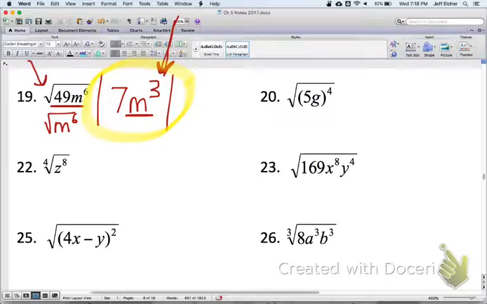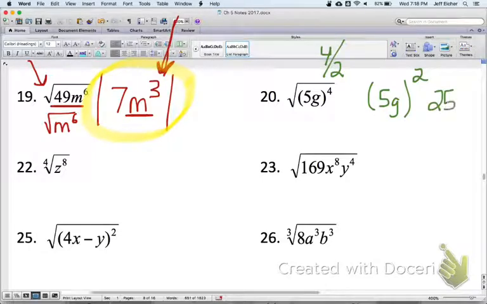Let's look at number 20. We would have a square root of something to the 4th. So we can write that as 5g in parentheses to the 2nd, because we had a square root of something to the 4th, so 4 divided by 2 is the new exponent 2.